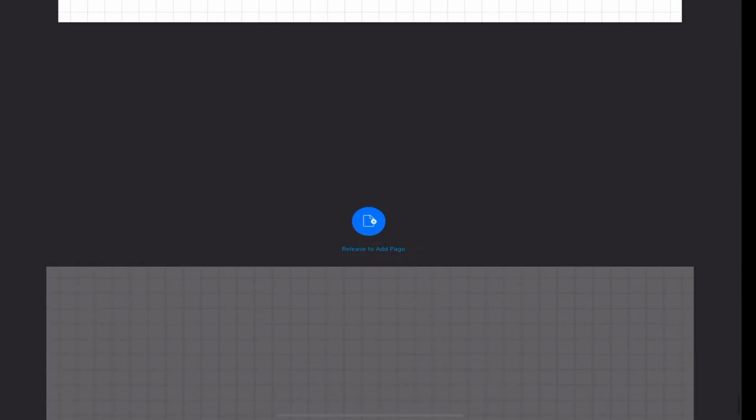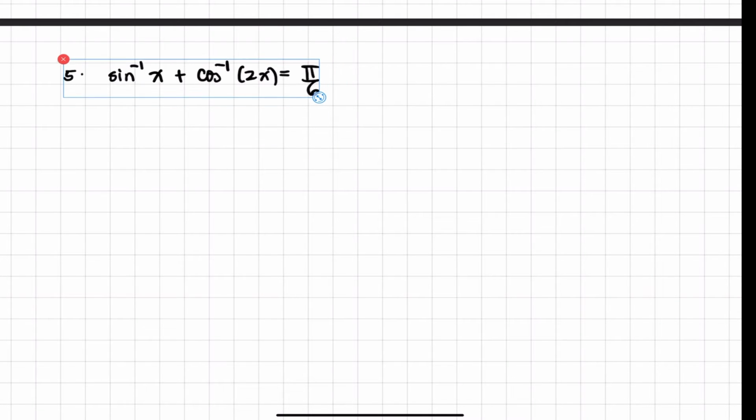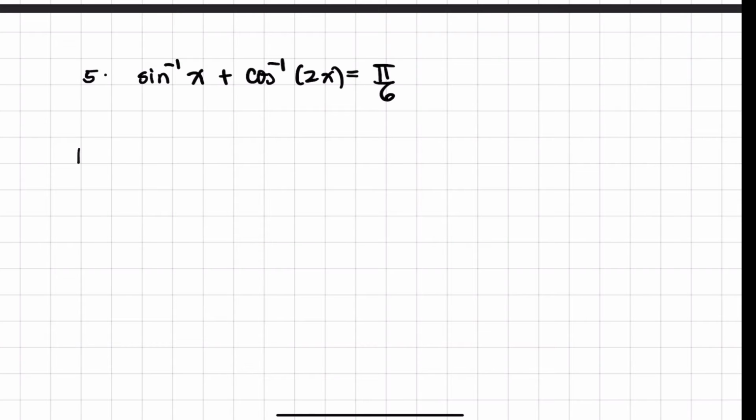I think I need space for this item. So, number 5 ulit. Ililet natin tong mga angle, diba? So, magkaibang angle equal to pi over 6. So, let alpha equal to sine inverse of x.